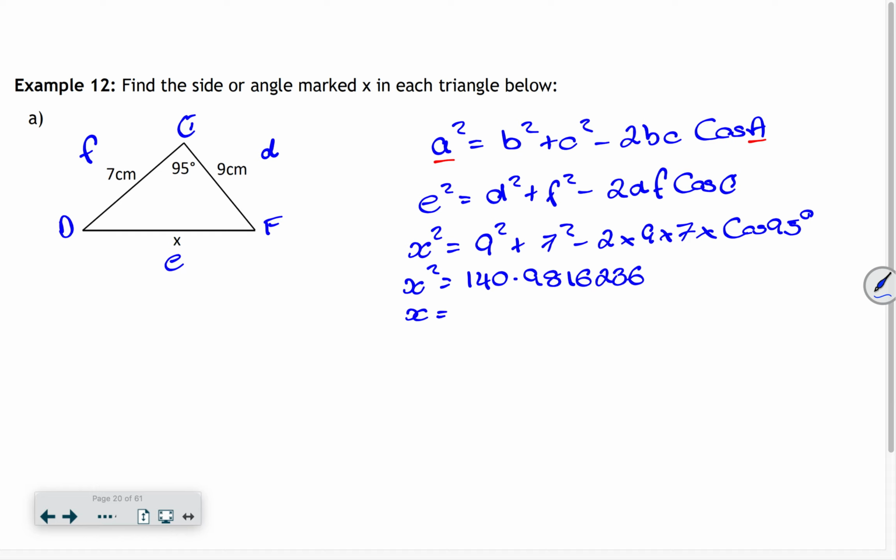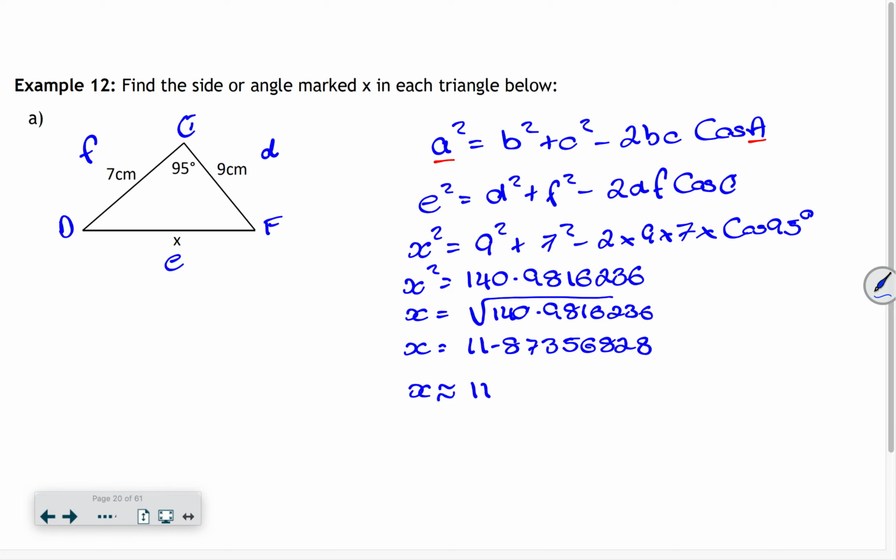So x is going to be the square root of that. Square root your answer, and we get 11.87356828. It doesn't specify what to round to, so we'll just round it to 2 decimal places. Therefore x is approximately equal to 11.87 centimetres to 2 decimal places.